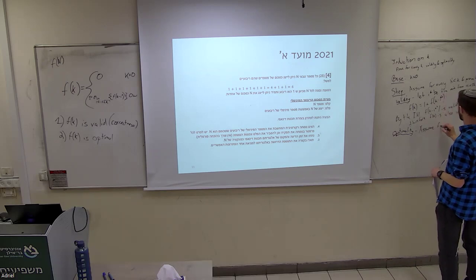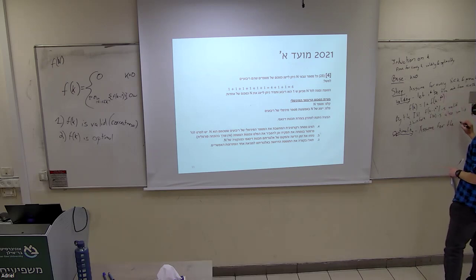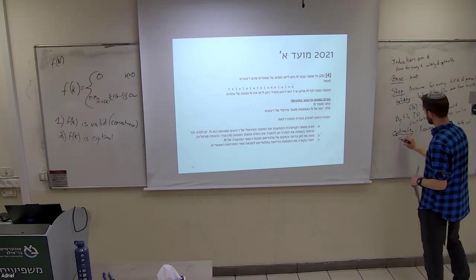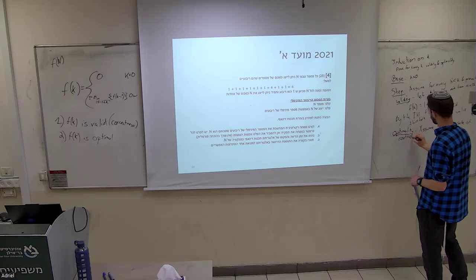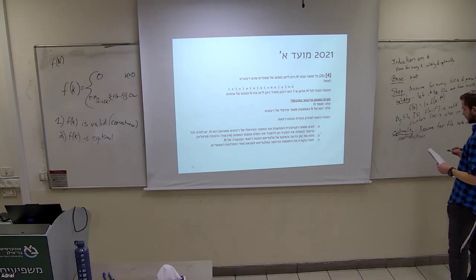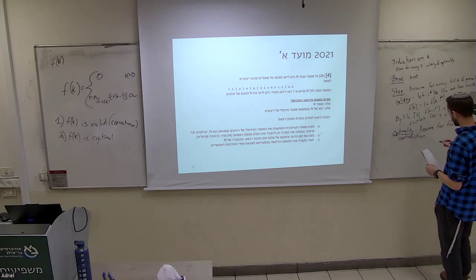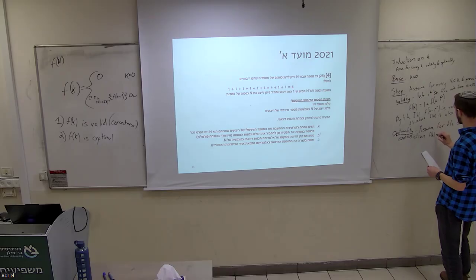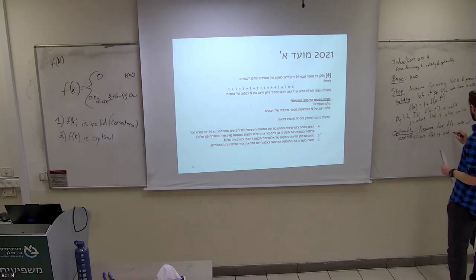Assume, for the sake of contradiction, that f of k is not optimal.